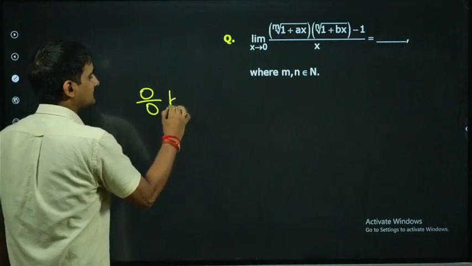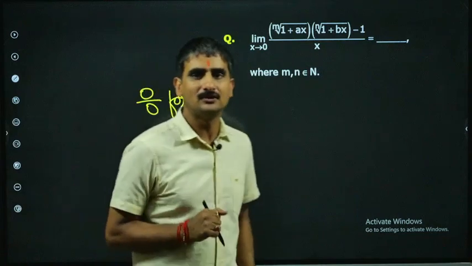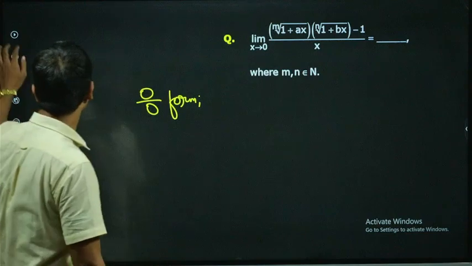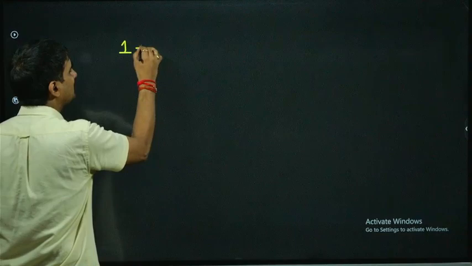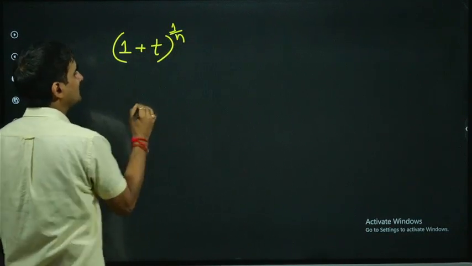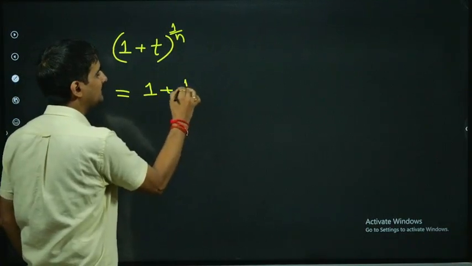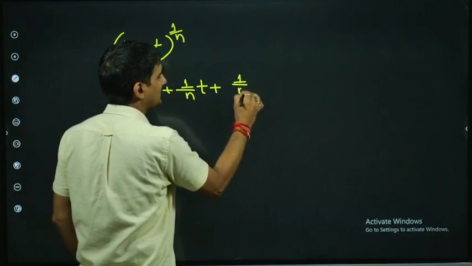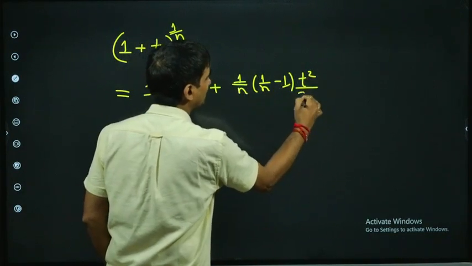Now what are we going to do here? I will suggest you all to use series expansion, the binomial expansion for any index. And what is that? The binomial expansion for any index is (1 + t) raised to the power, let's say, 1 by n. The expansion in that case is 1 plus 1 by n into t plus 1 by n into (1 by n minus 1) t square by 2 factorial.